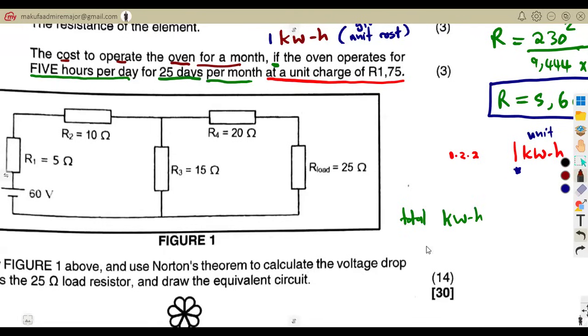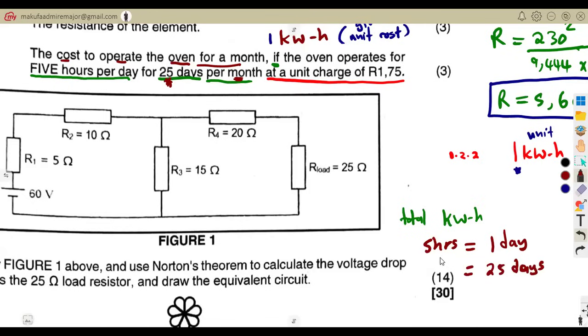Take note of what they are saying here. It operates 5 hours in a day, each day. But per month, how many days of operation? Per month, 25 days were being used.